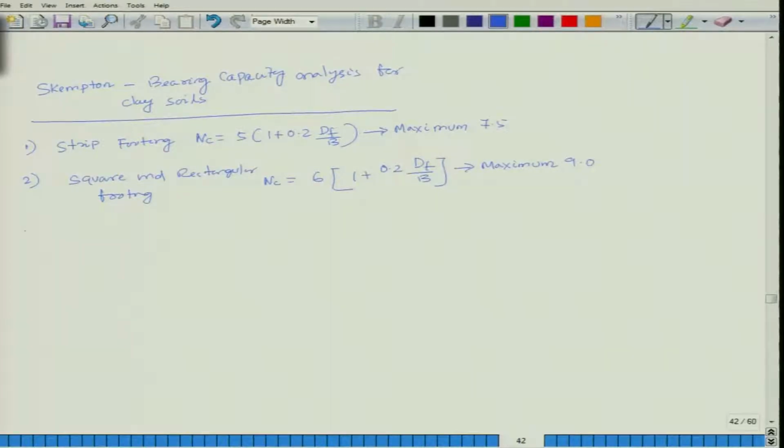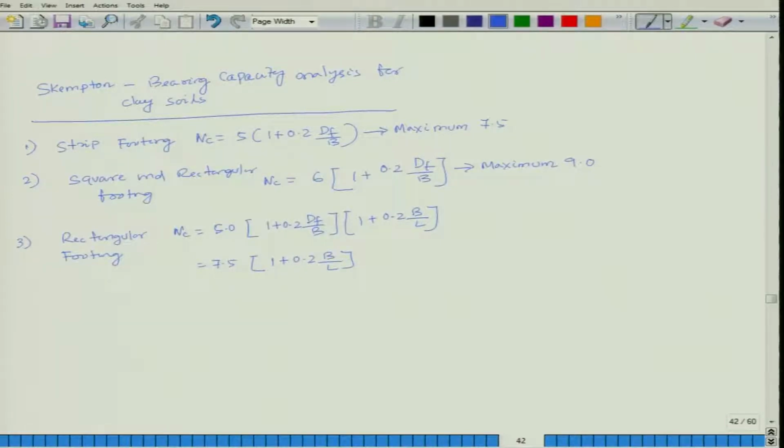For rectangular footing, Nc is equal to 5.0 into (1 plus 0.2 Df by B) into (1 plus 0.2 B by L), and here it is 7.5 into (1 plus 0.2 B by L).